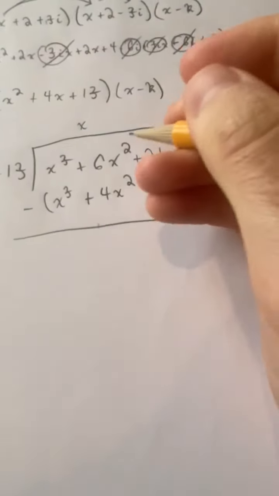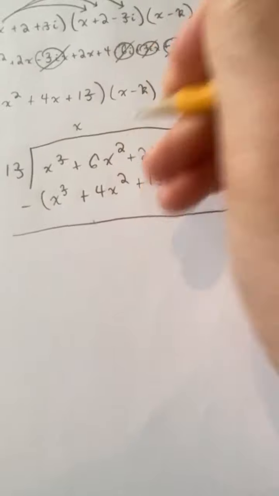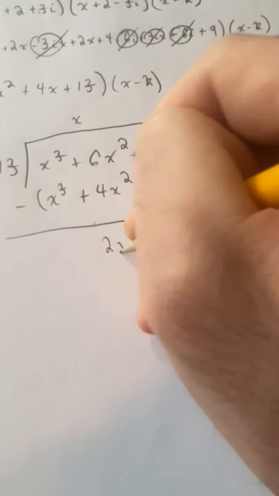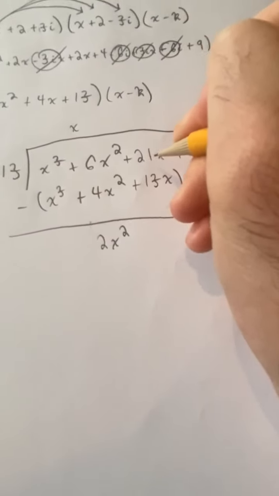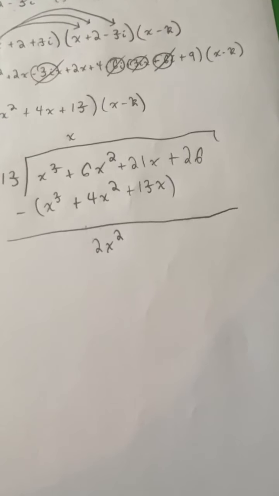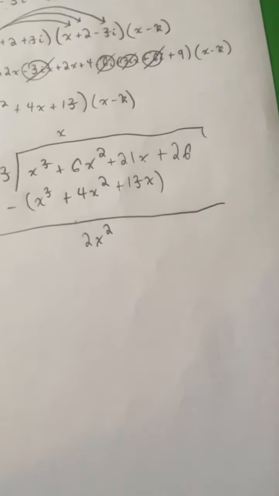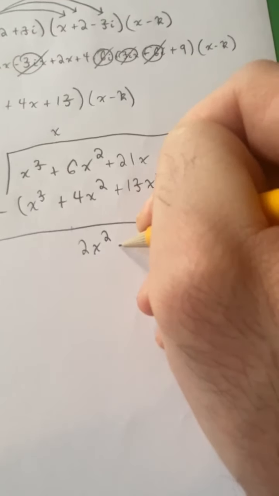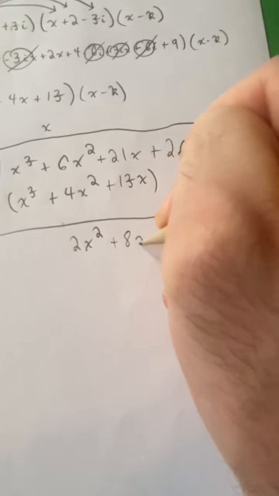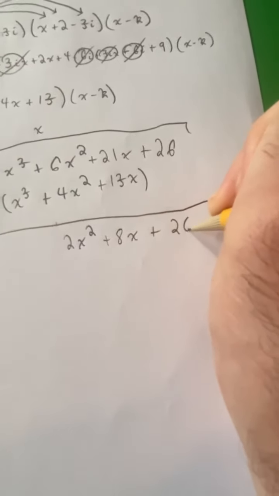The x cubes cancel, we get 6x squared minus 4x squared, so that's 2x squared, and then 21 minus 13, which is 8, so plus 8x, and finally plus 26.